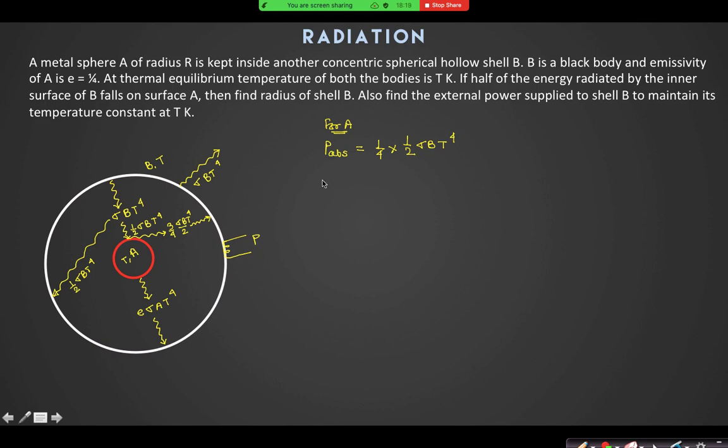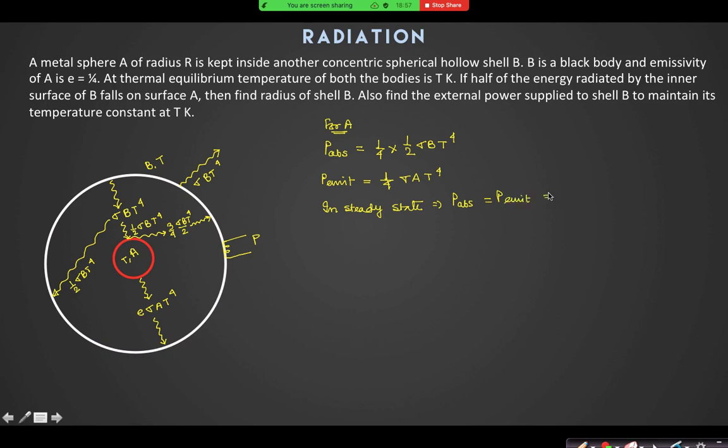And what is the power emitted? Emissive power is 1 by 4 into sigma a t to the power 4. They should be the same, yes or no? In steady state, they should be the same. So P absorbed is equal to P emit.